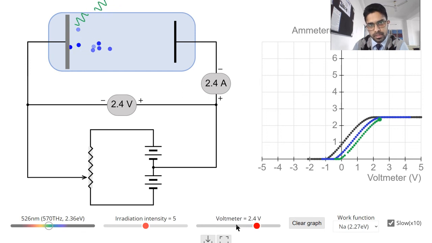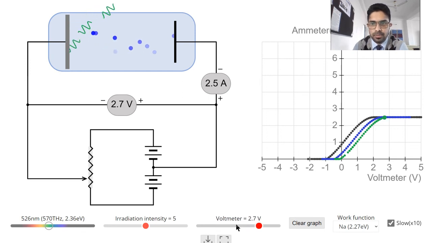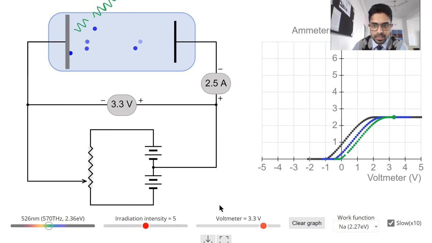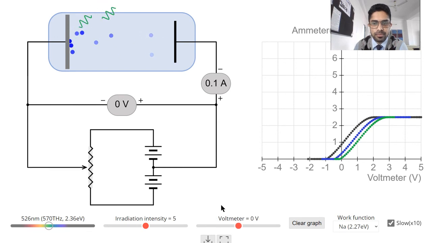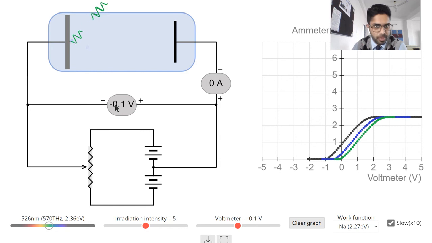you see the graph is again showing the same kind of orientation, right? We again have the same saturation current because we have not changed the intensity. But again you can see there is a change in the stopping potential. Now the stopping potential is around minus 0.1 volt. The energy of the incident radiation is 2.36 electron volt, out of which 2.27 will be utilized by the electrons to come out of the metal.